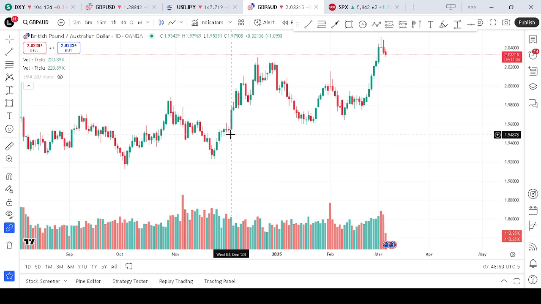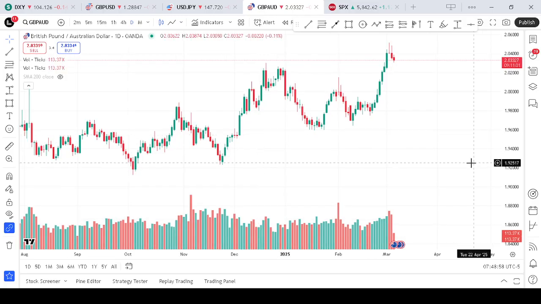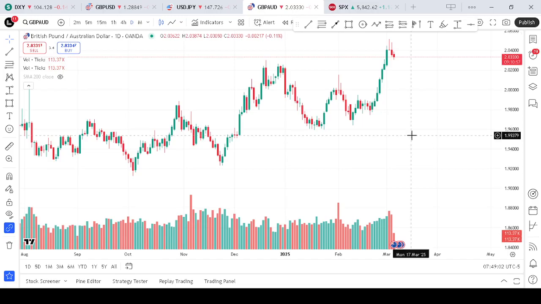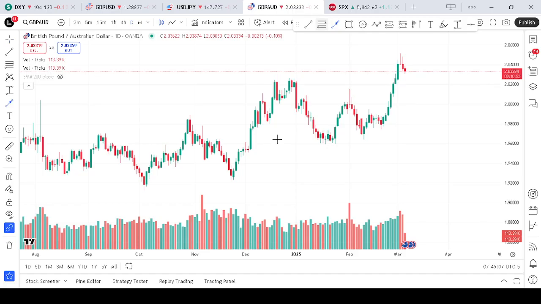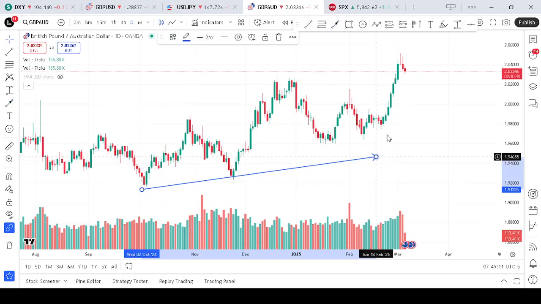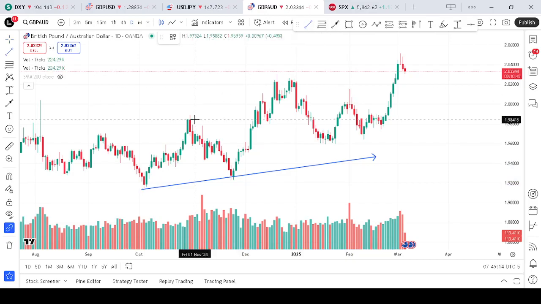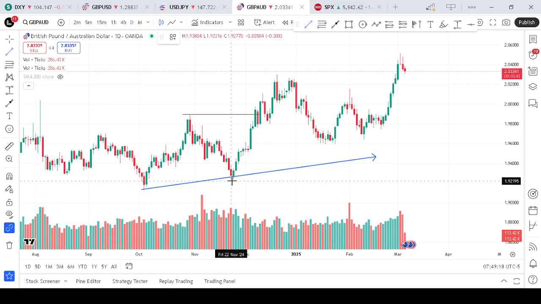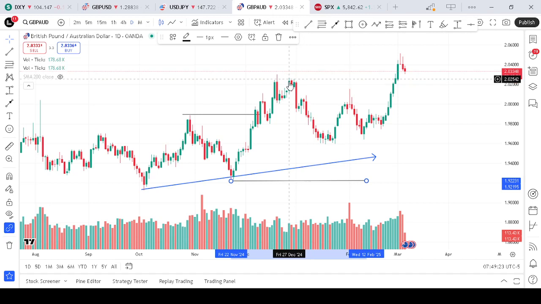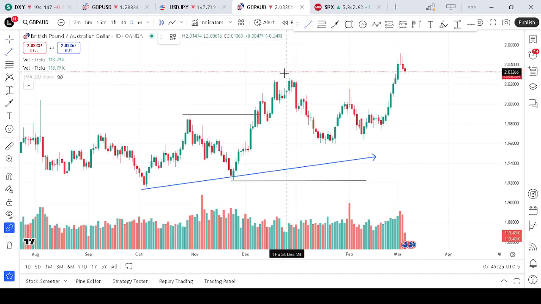Once you have established a fundamental bias, use technical analysis to pinpoint optimal entry points, focusing on the daily or the weekly chart to identify major trends and key support and resistance levels on the chart. These are areas where we are expecting price to react from. These are our key resistance and support areas on our chart.